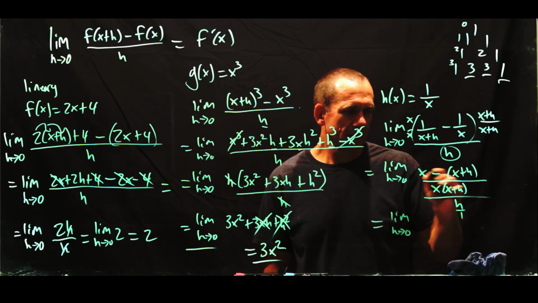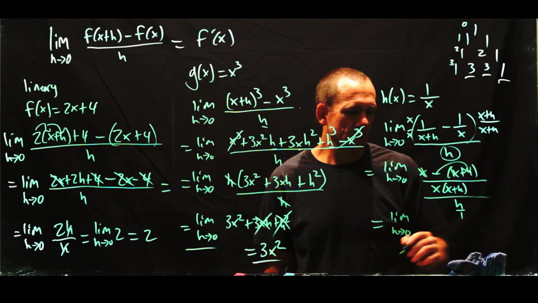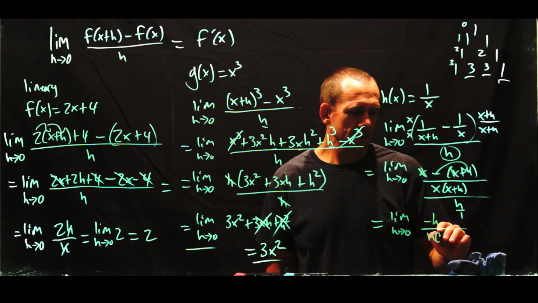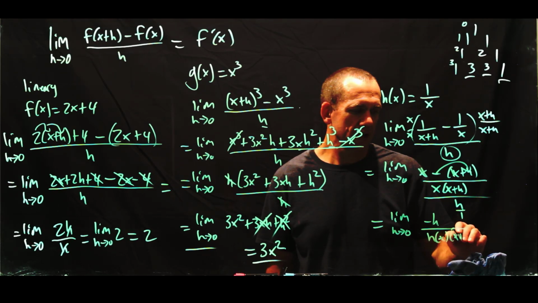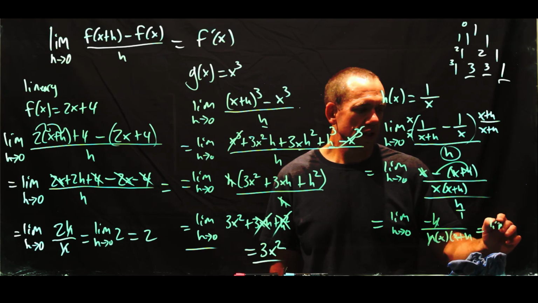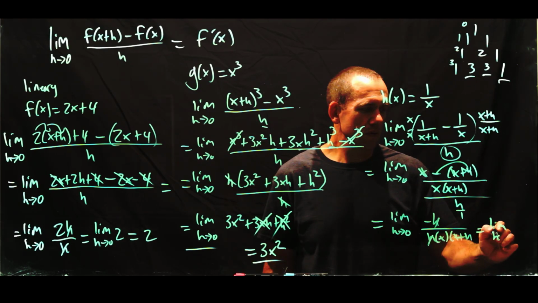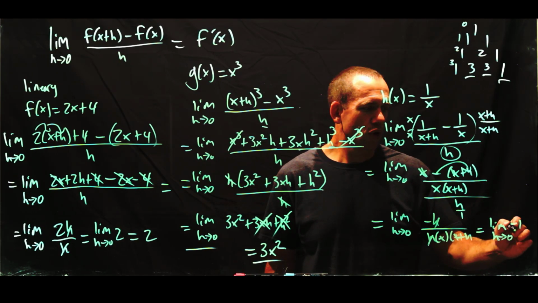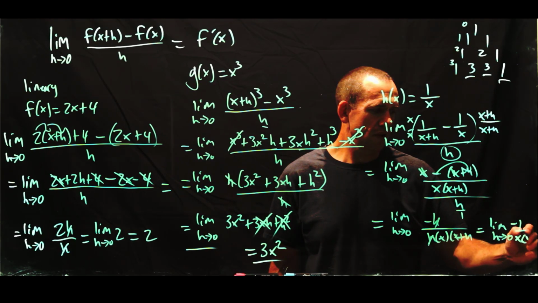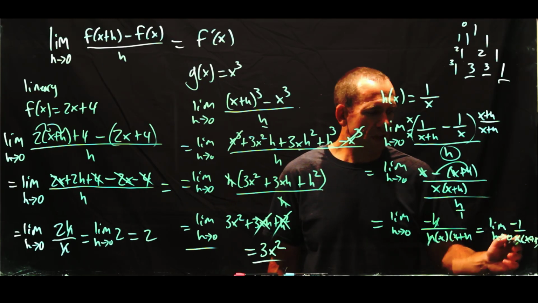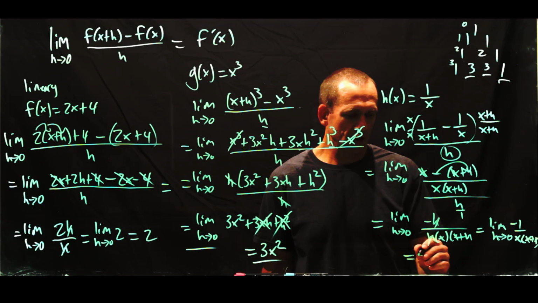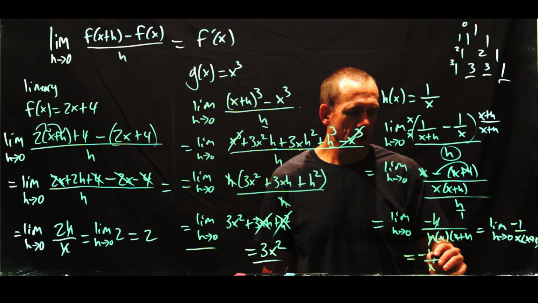X minus x, those cancel, that negative distributes to that h, so we have negative h over h times x plus h. And this h and that h will cancel, which leaves us with the limit as h goes to 0 of negative 1 over x times x plus h. But then we can let h go to 0, and we get negative 1 over x squared.